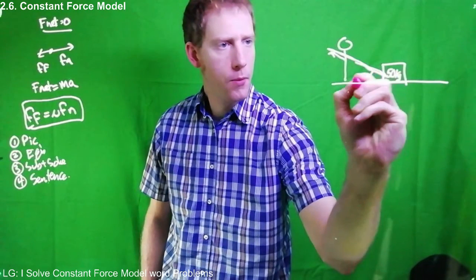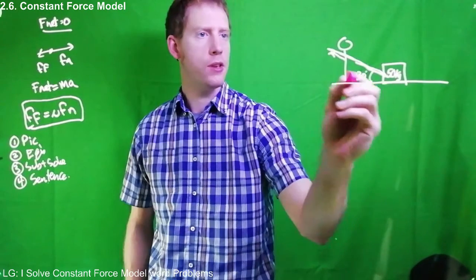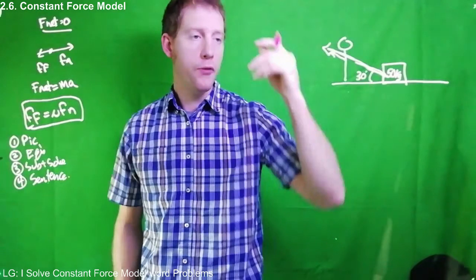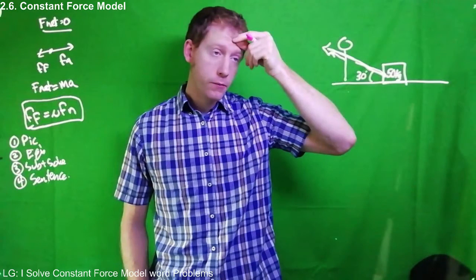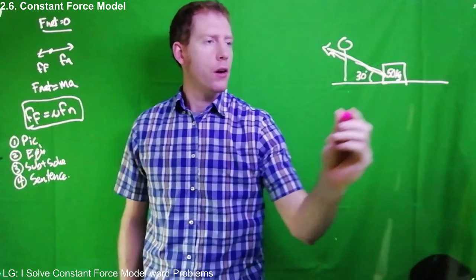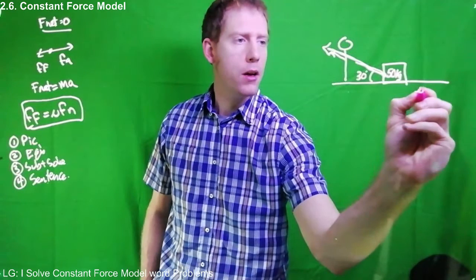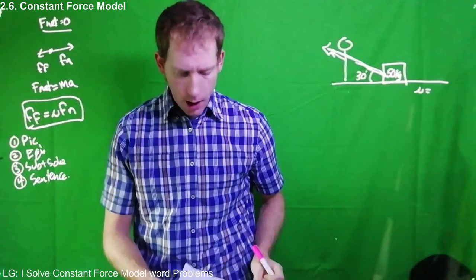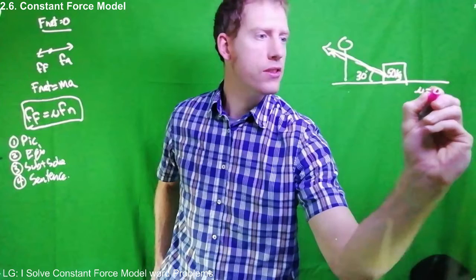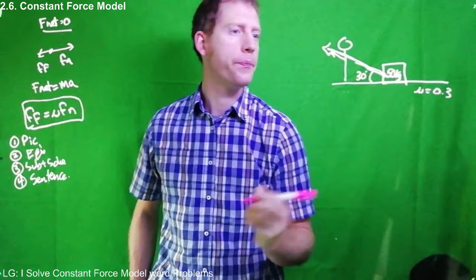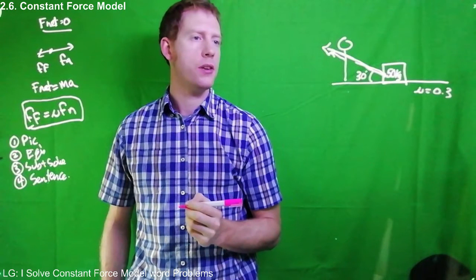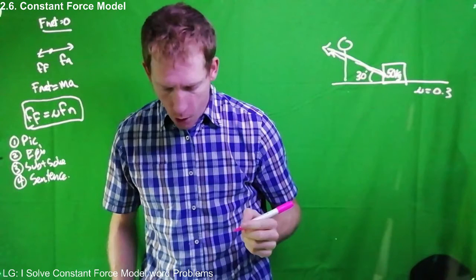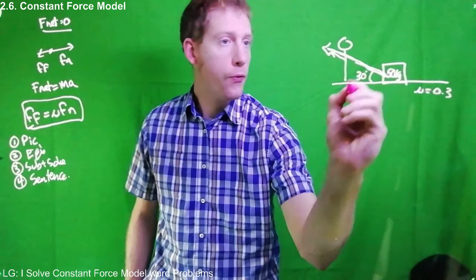And right here we have an angle, it's 30 degrees. So he's applying a force up. And we're given the coefficient of friction on this one is 0.3. And we're given a constant force of 400 newtons.